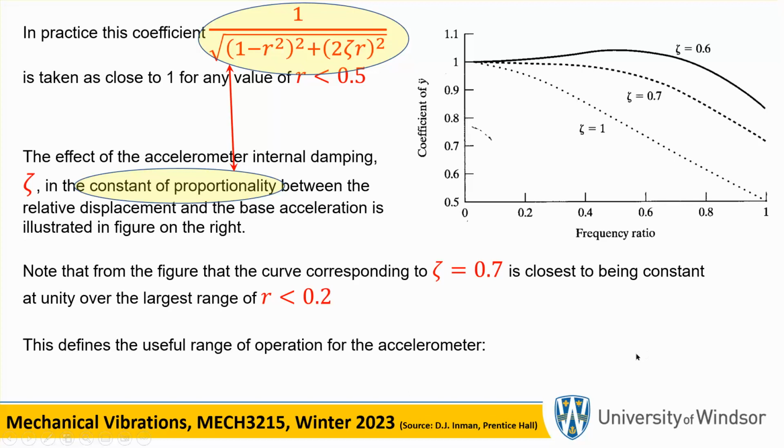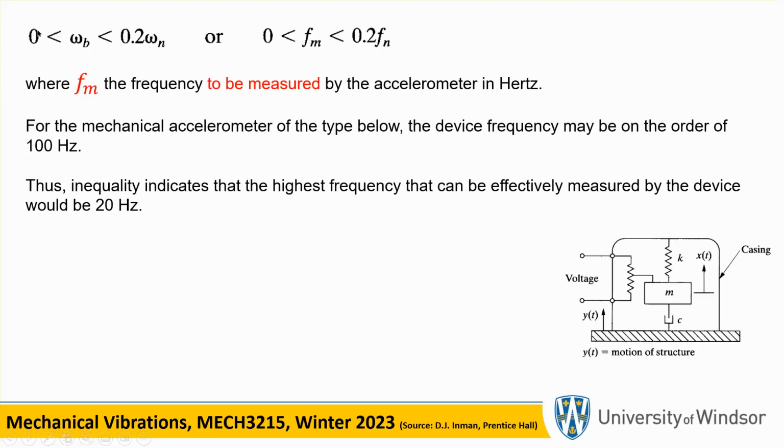Now, this defines the useful range of operation of the accelerometer. What do I mean by that? We want r to be less than 0.2. Of course, it's always positive, and that will give you basically omega b between 0 and 0.2 omega n. Or if you write it in hertz, fm is going to be the desired frequency to be measured in hertz.